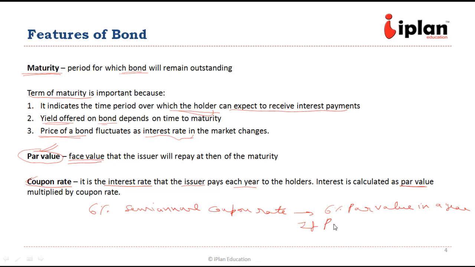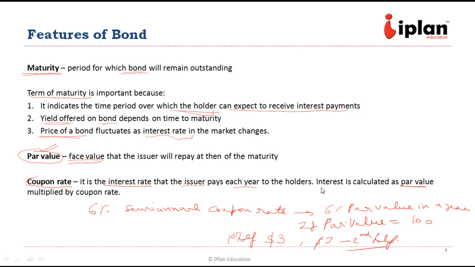If, say, par value is 100, then the person will get $3 in first half of the year and $3 in second half or at the end of 1 year.